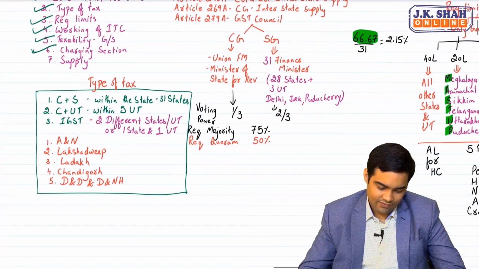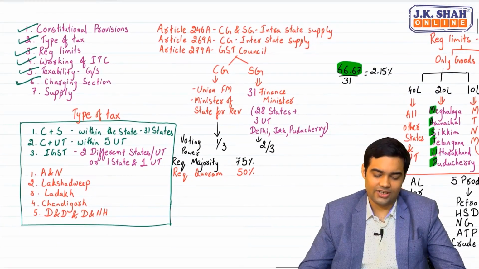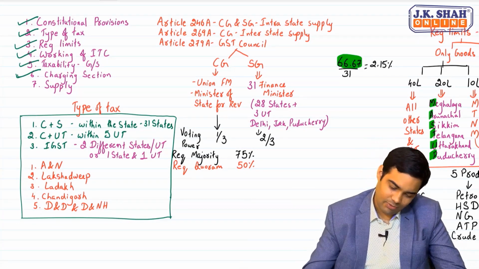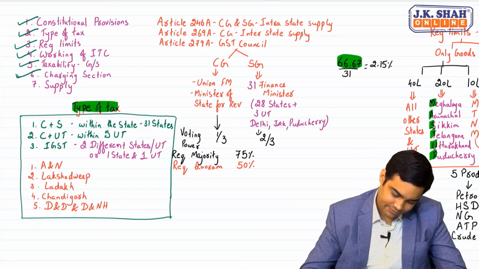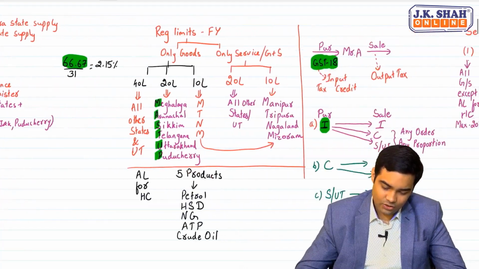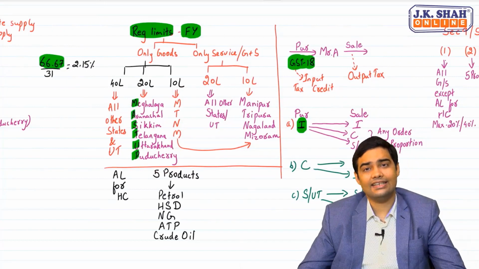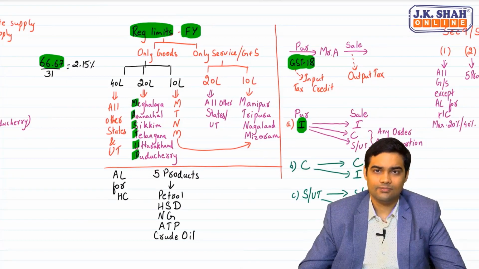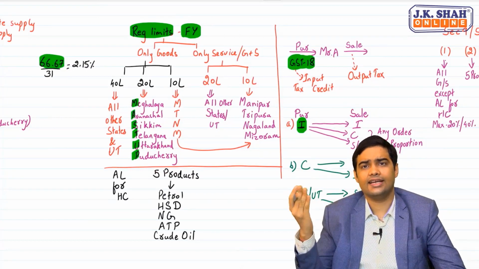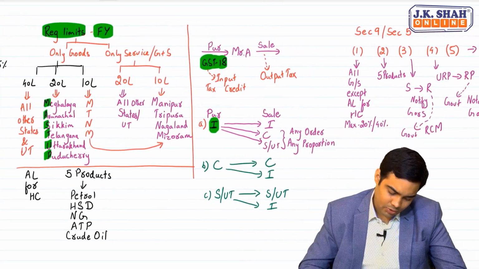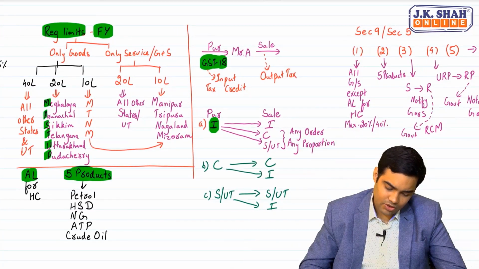One last sum up of entire part. First, we spoke about constitutional provisions. 246A, 269A, 279A. We spoke about type of tax here. Then we entered into registration limits which has to be calculated based on aggregate turnover in a financial year, which will again come across in registration. Then we spoke about various products, alcoholic liquor 5 products.